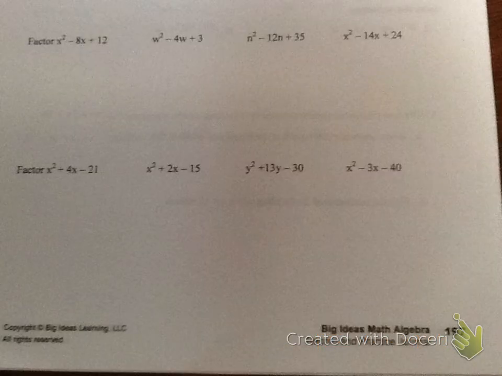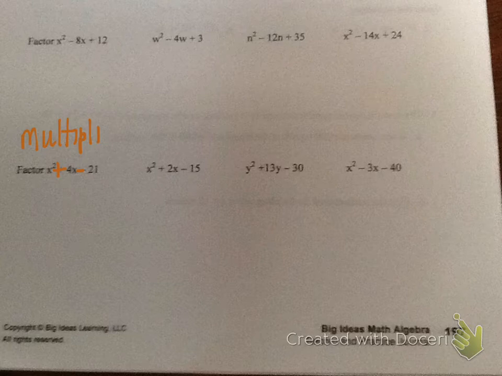Alright, and the last row on this page now has one more thing that's different. It has a positive here and a negative here. So if I'm multiplying to get a negative, one factor must be negative.